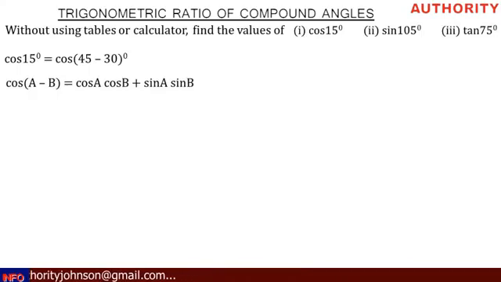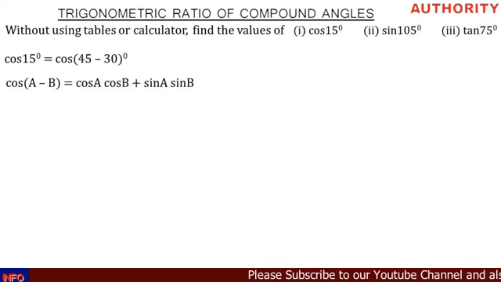Now, you discover that this cos of 45 degrees minus 30 degrees is the same as saying cos(A minus B). You get it? Yes. Now, in this place, let's take 45 degrees to be our A and then 30 degrees to be our B. Okay? Now, let's go.